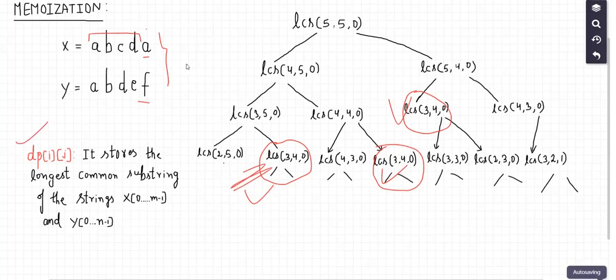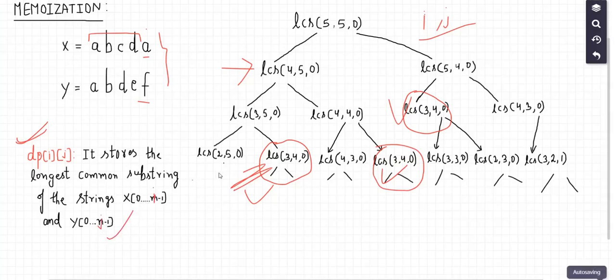Since we have two variables which are changing at each level, namely the indices i and j, I prefer to use a 2D memoization table or DP array, where dp[i][j] represents the longest common substring for the strings from index 0 to i and from index 0 to j.